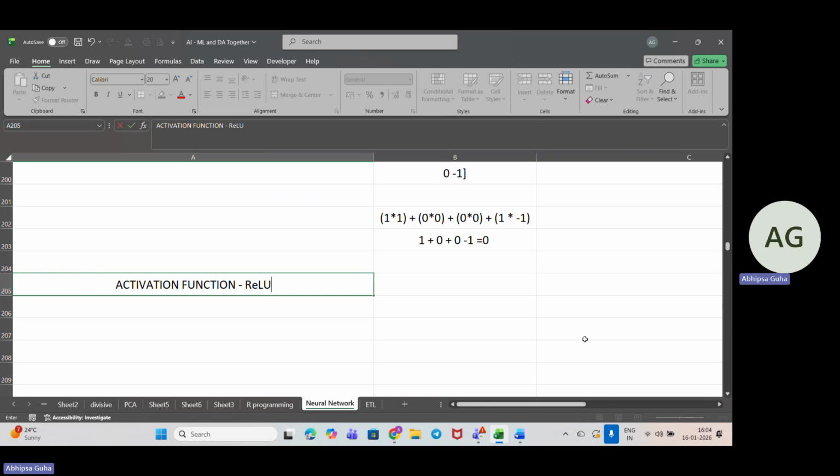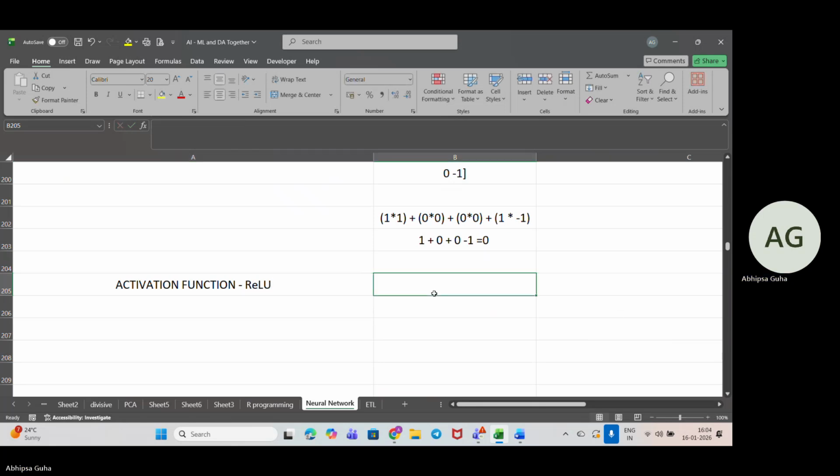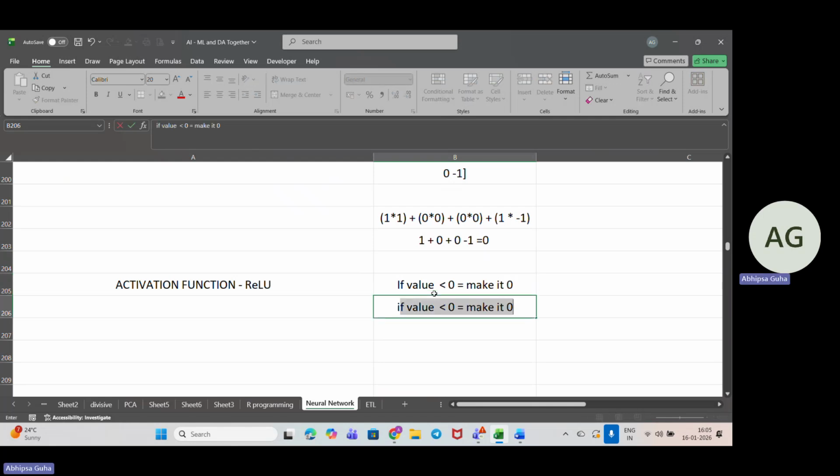If the value is smaller than 0, we make it 0. Else, if the value is greater than 0, then we keep it. This is what a ReLU activation function does. It removes useless information and keeps only the strong features.